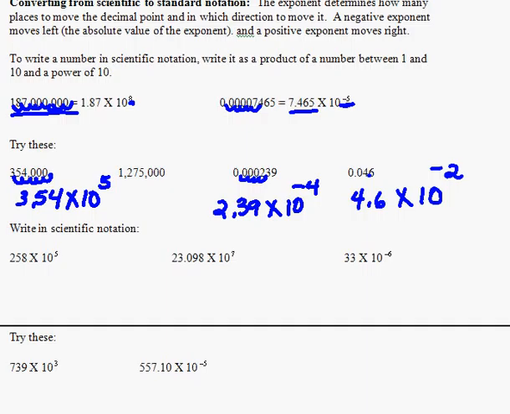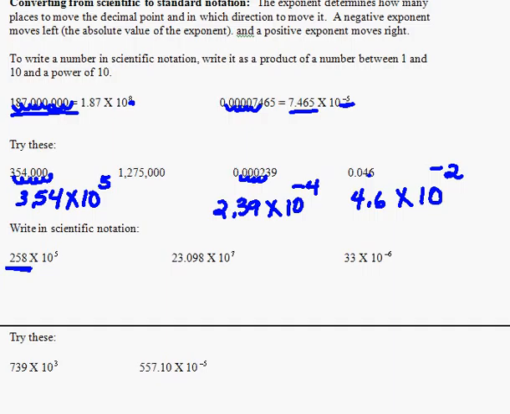Okay. Now the next one says write in scientific notation. I have 258 times 10 to the 5th, and that might already appear to be in scientific notation because I'm multiplying by 10 raised to some integer power. The problem is 258 is not a number between 1 and 10, and it needs to be a number between 1 and 10. So that's the first thing I have to do. Take the 258 and turn that into scientific notation.